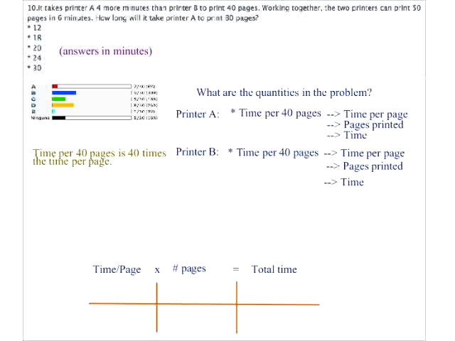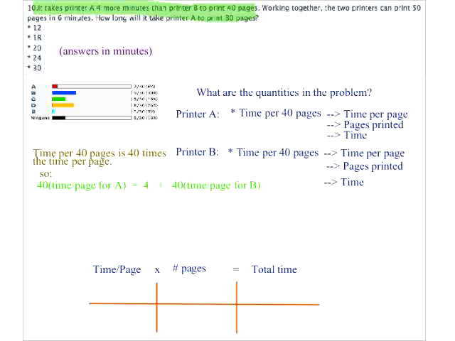So this sentence that I'm about to highlight in green means that 40 times the time per page for A is 4 minutes longer than 40 times the time per page for B, because it's the time for 40 pages.